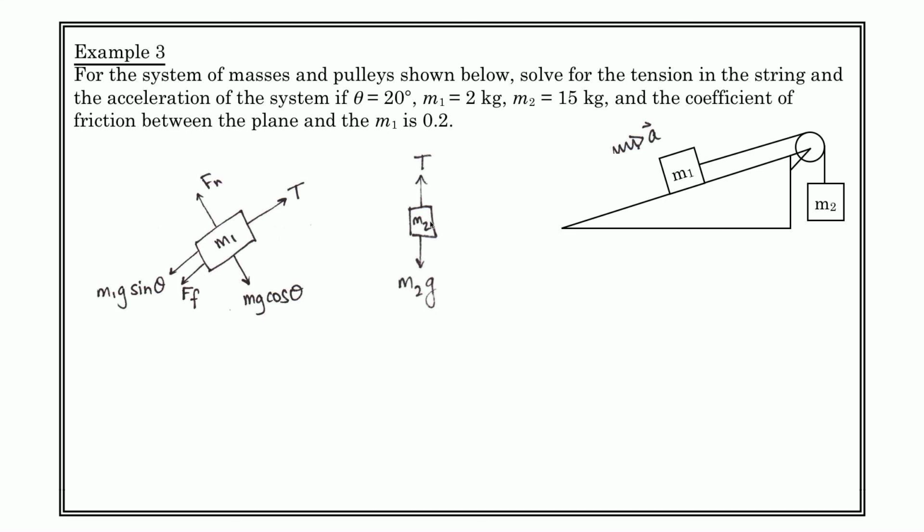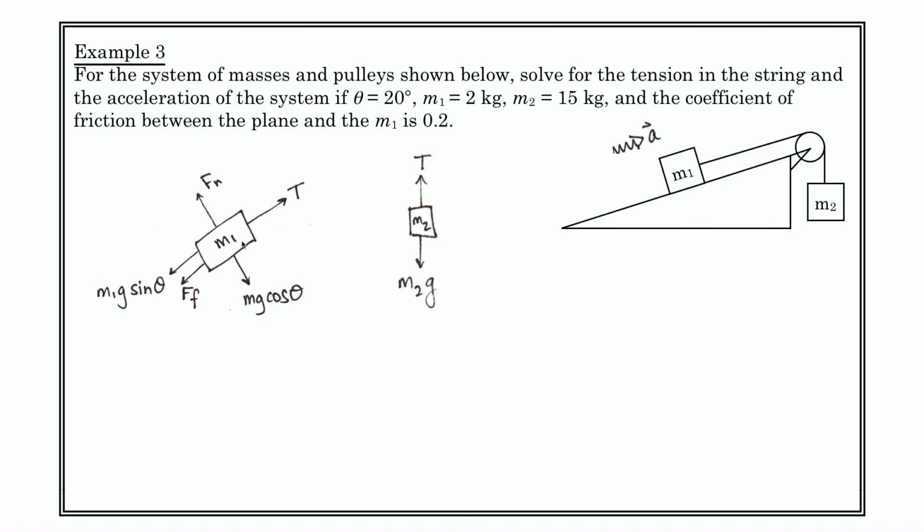What I would like you to do, now that you have the free body diagrams here and here, is investigate for yourself how I construct F equals ma for this and F equals ma for this.